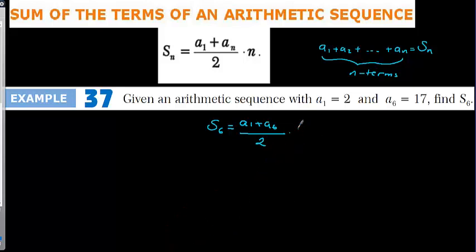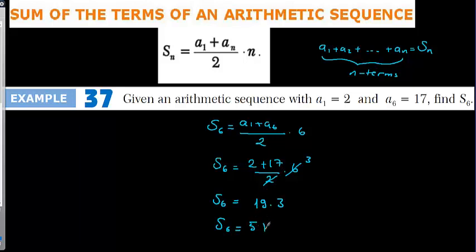S6 is equal to (2 plus 17) over 2 times 6. If you simplify, this is going to be 3, and S6 is equal to 19 times 3, and S6 is equal to 57.